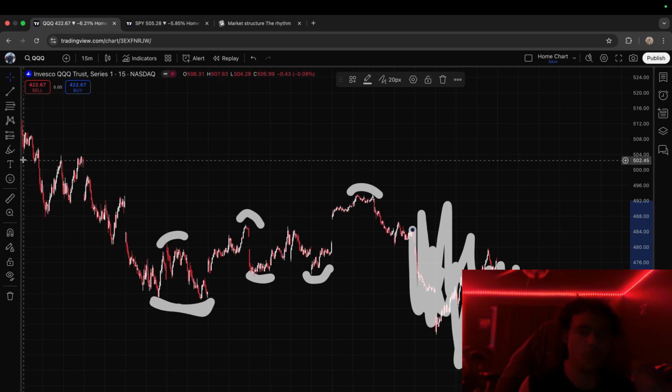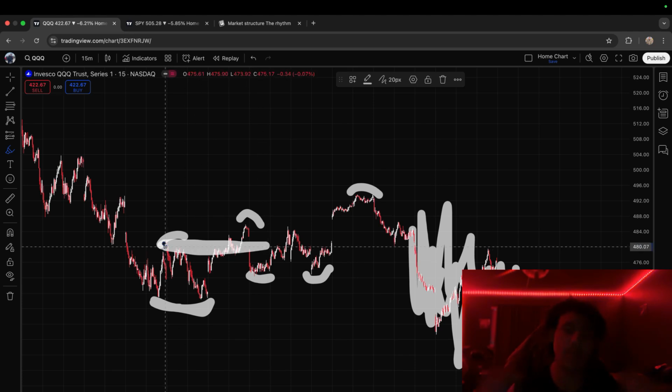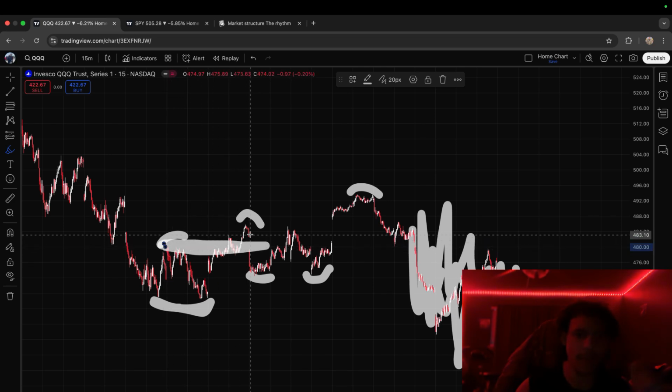So where ultimately do we break our last high? Where do we break our last high following the trend? Well, we can see right here, we broke our high, broke up, creating a break of structure because we broke our high continuing following the trend, okay?